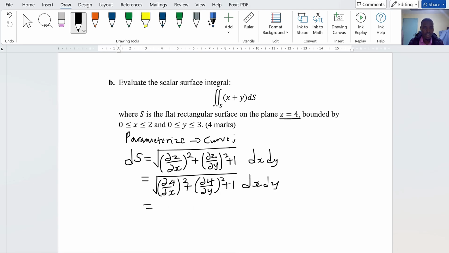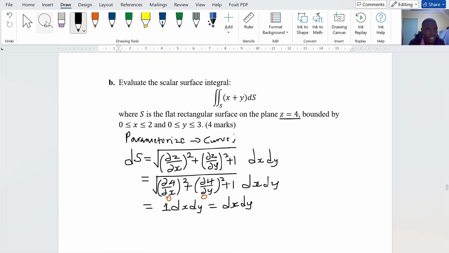Remember, this is 0 because you are differentiating a constant. This is 0. Also differentiating a constant is 0. Then the square root of 1 is 1. So this simply becomes dx dy. So we are moving well.